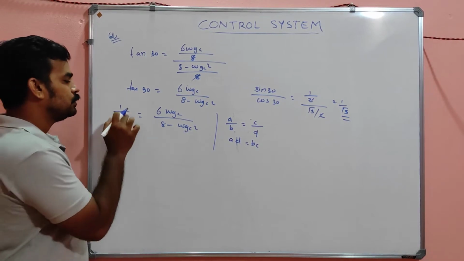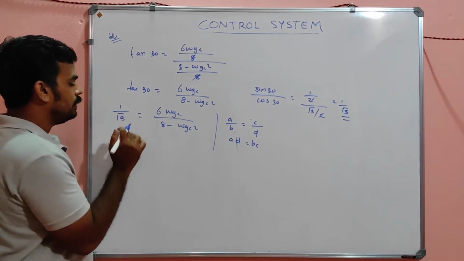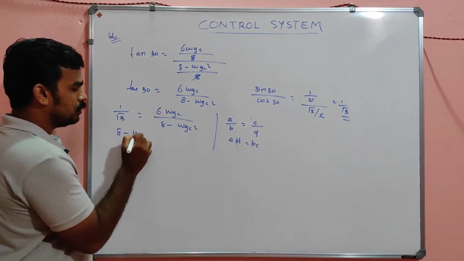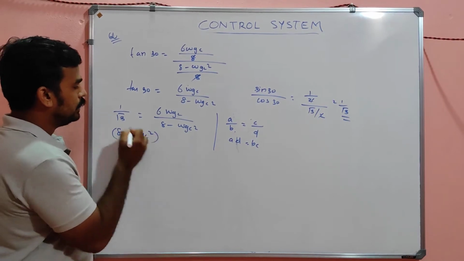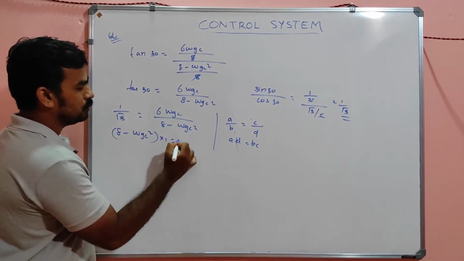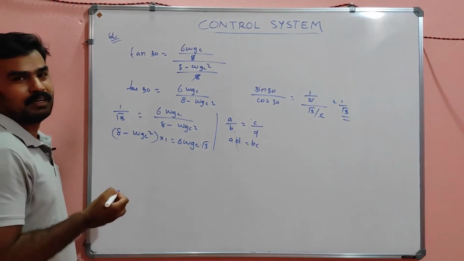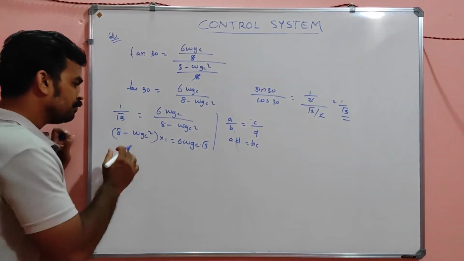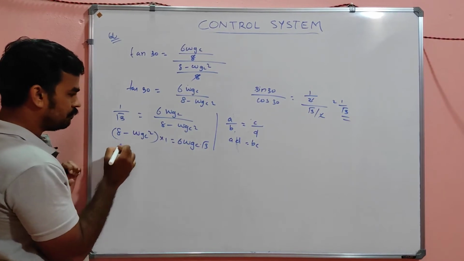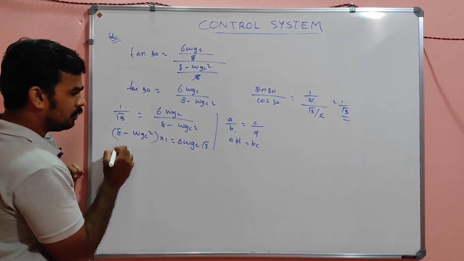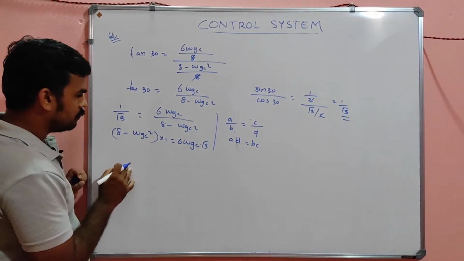That's wrong. So I can write only 8 minus omega gc square into 1 equal to 6 omega gc into root 3. This only I can take, my dear. No need to square.